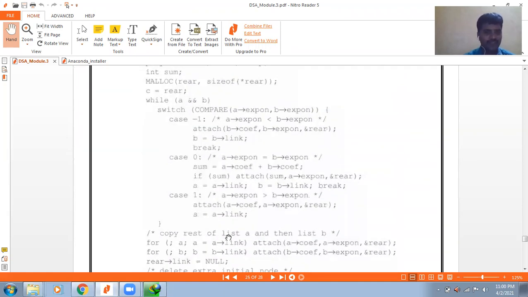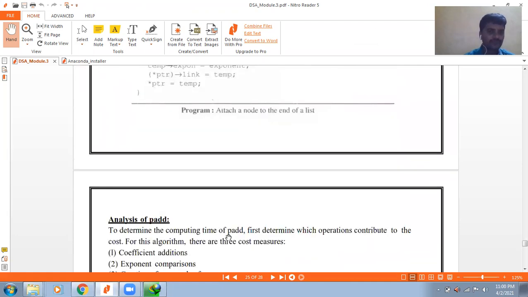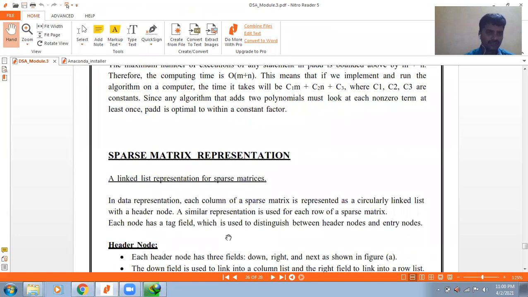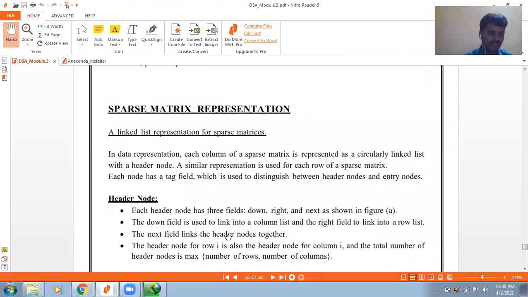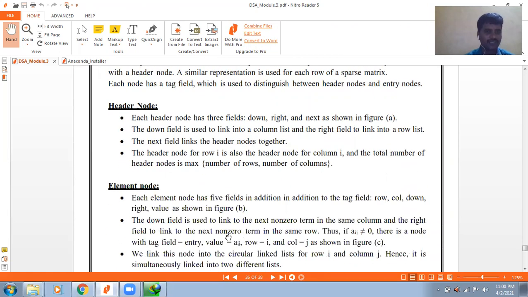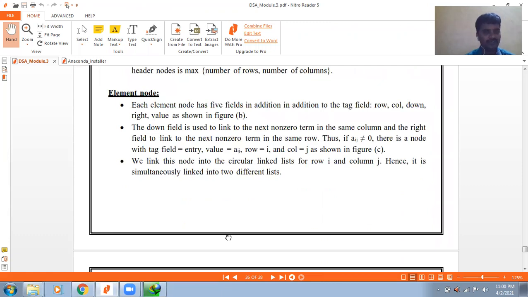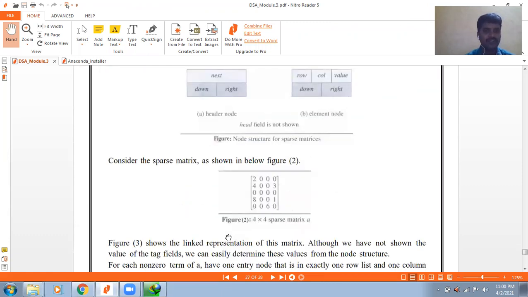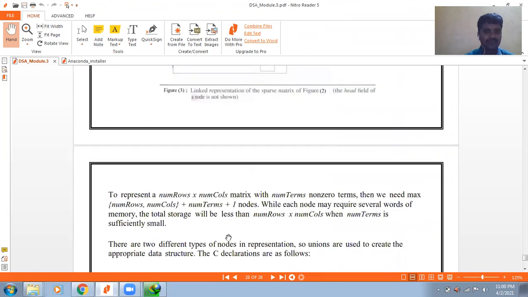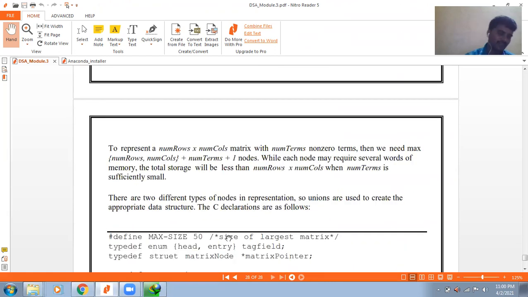At the same time we saw the importance of sparse matrix in linked list applications, that is the header node, element node, different types of nodes. So we discussed here the header and element node. So this is the about of our application in linked list.